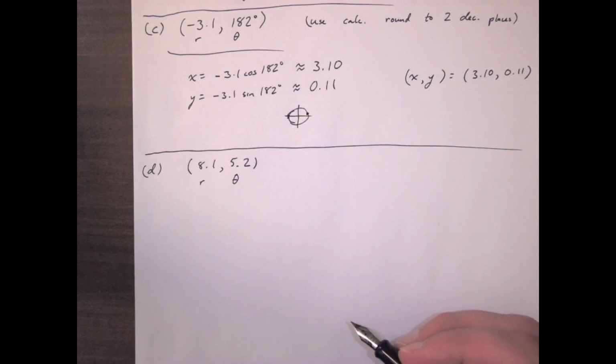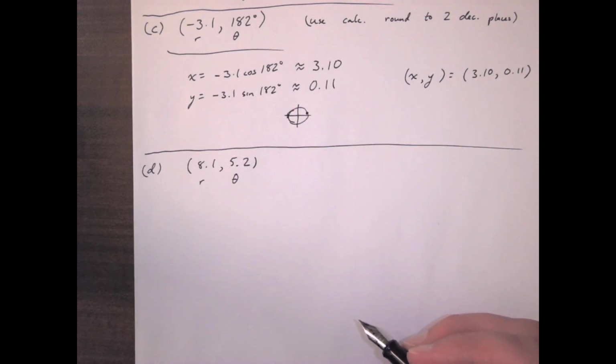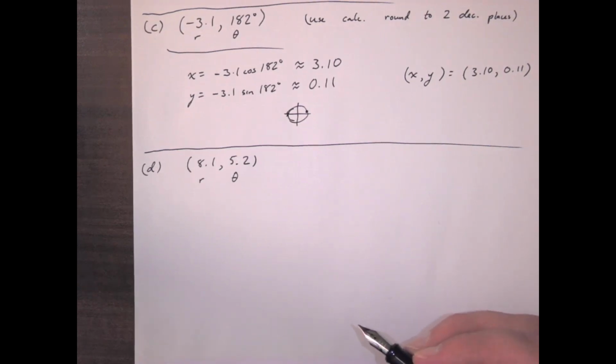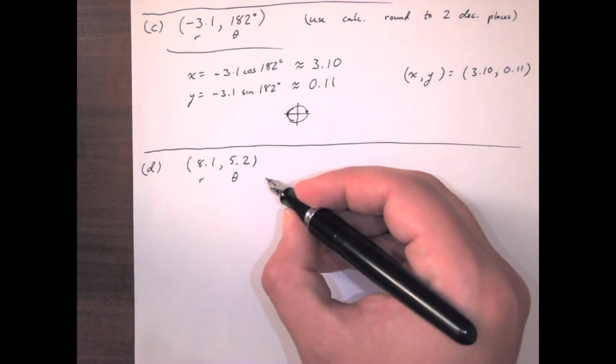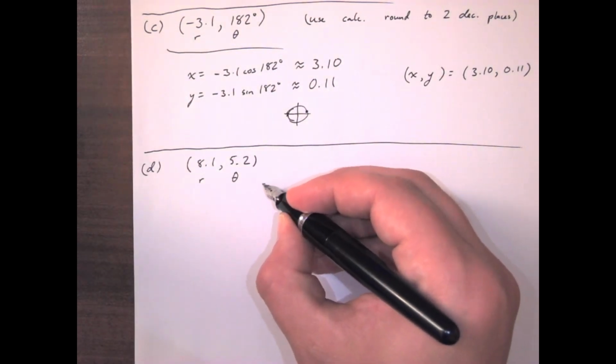Even if it doesn't look like one of your more familiar radian angles, usually your radian angles have some kind of pi involved, like 3 pi over 2, 2 pi over 3, things like that. Here, however, the fact that it has no degree symbol means that even if it doesn't look very radianish, it is. So this is radians.